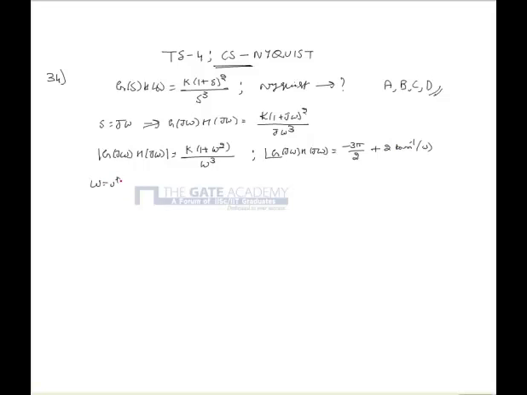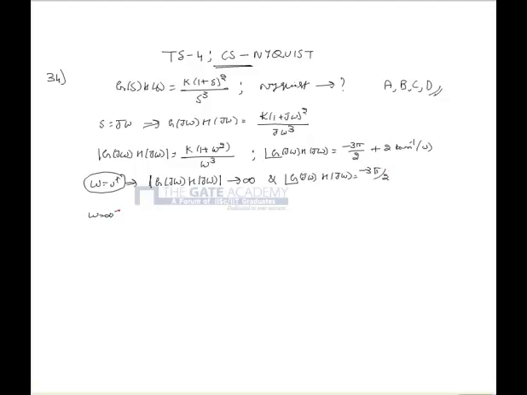Omega equal to 0 plus implies magnitude of G(j omega) H(j omega) tends to infinity. Means that at omega equal to 0 plus magnitude of the Nyquist plot tends to infinity, and phase is equal to minus 3 pi by 2.